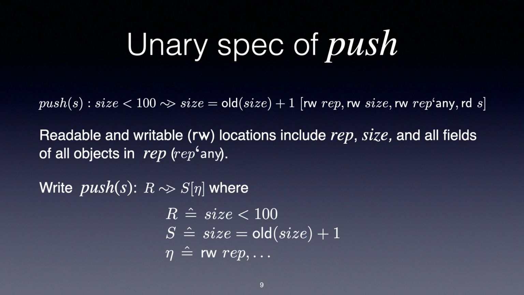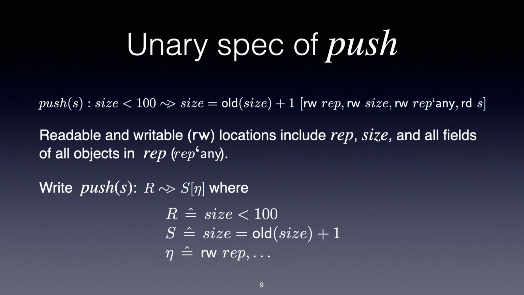Here we have something that will appear very shortly, namely the unary spec of push. This is a very simple spec that says if the size, in the precondition, is less than 100, then the postcondition says the size is augmented by 1. Size is equal to old size plus 1, where old size refers to the value of size in the pre-state of push.